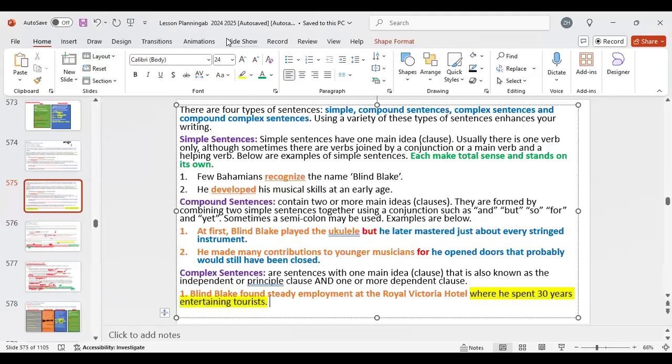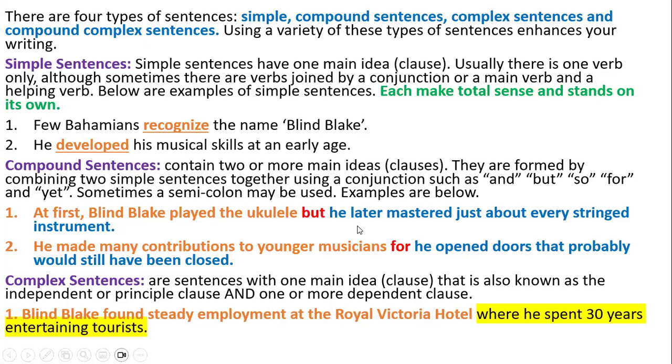Okay, so: where he spent 30 years entertaining tourists. Is that a sentence on its own? No, sir, that's a dependent clause. But when I combine it with the first part, it makes sense, right? So the second part that I've highlighted needs the first one.